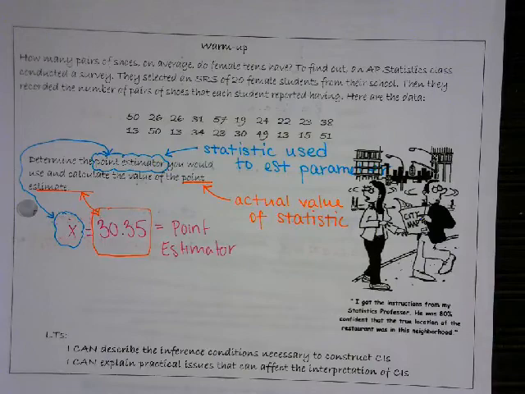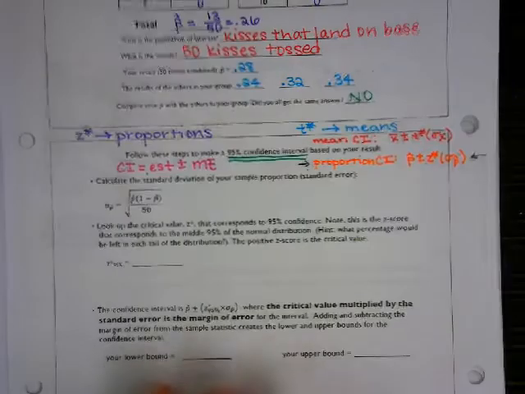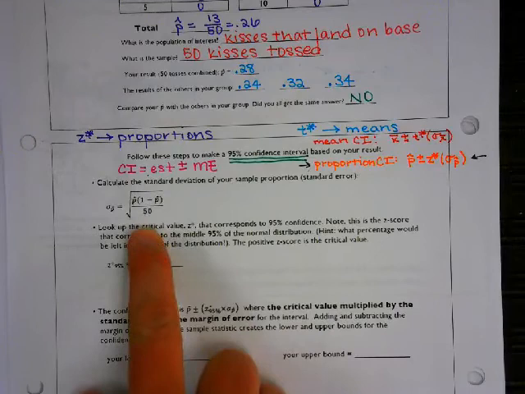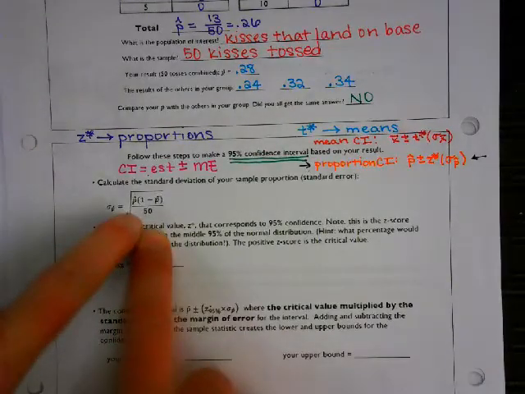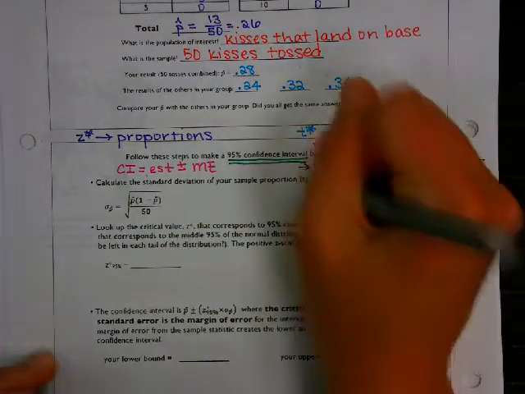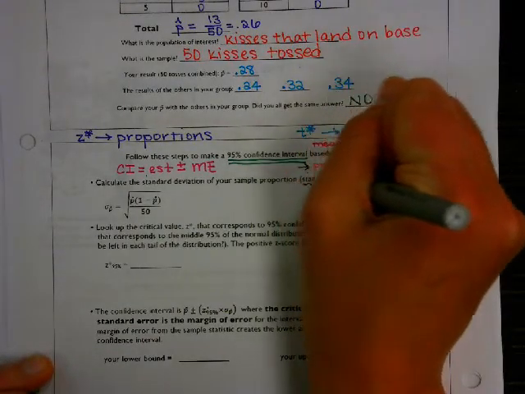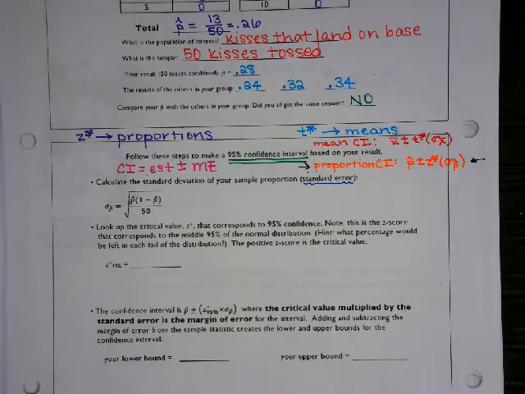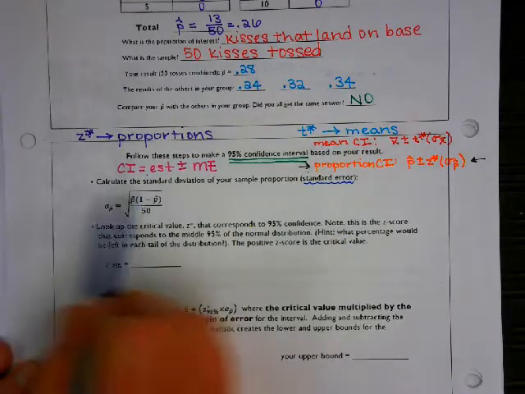Here, the formula for the standard deviation for a sample proportion, I put 50 in because that was our sample size. They now all of a sudden call it the standard error. So if you see a question about standard error, it's just asking you to work with your standard deviation formula.